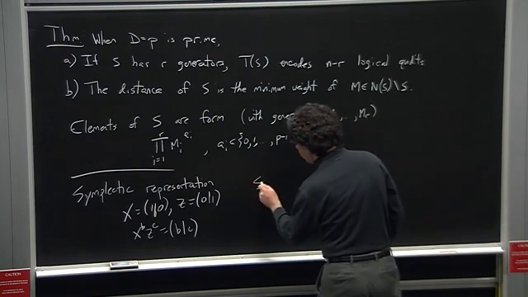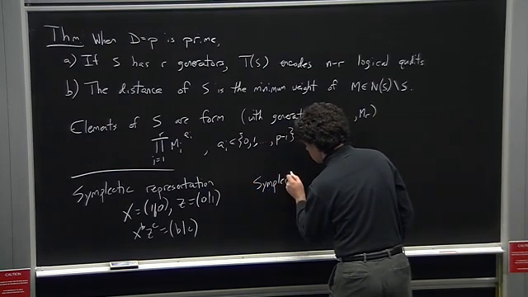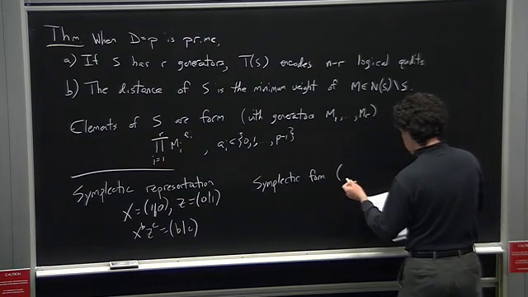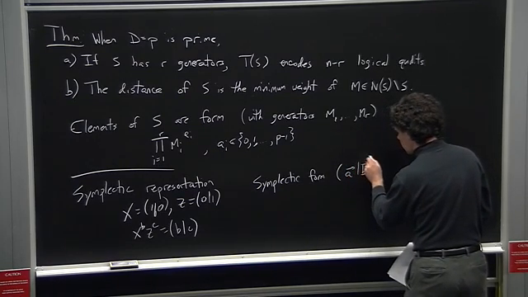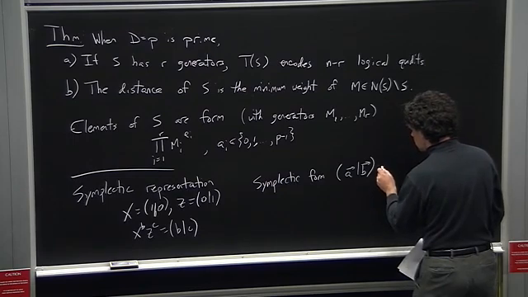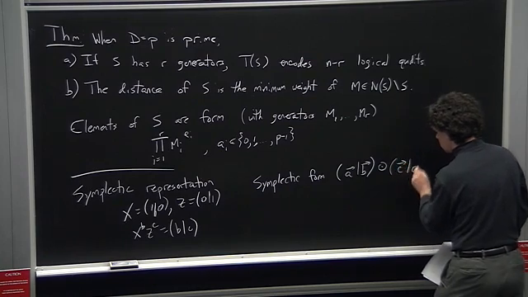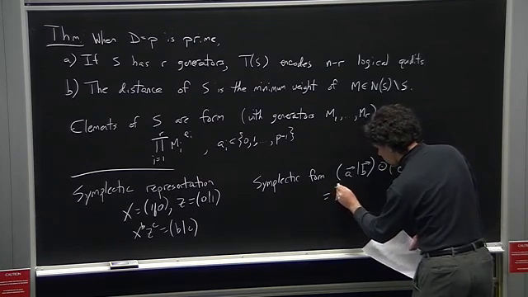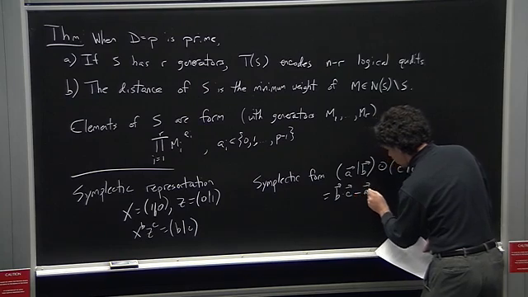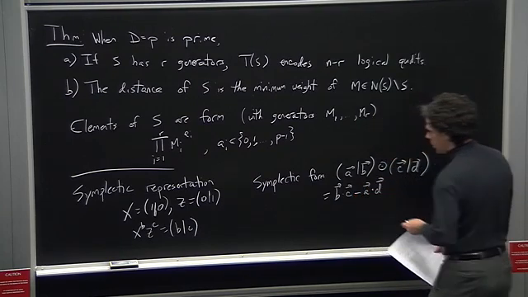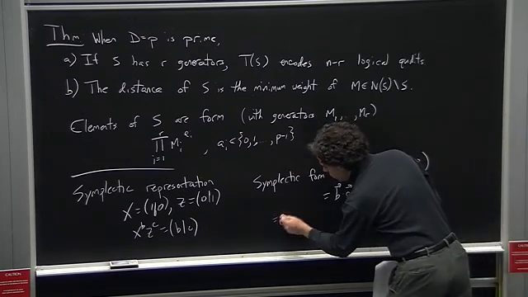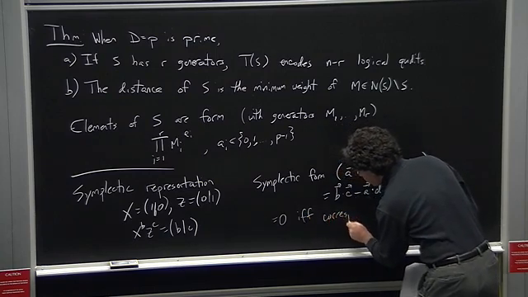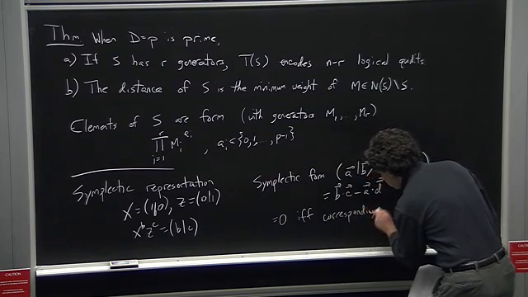The symplectic form, so if we have two such things, is going to be b dot c minus a dot d. And this is equal to 0 if and only if the corresponding Paulis commute.